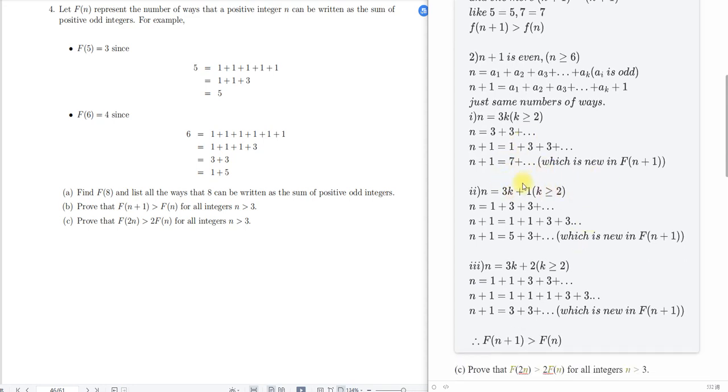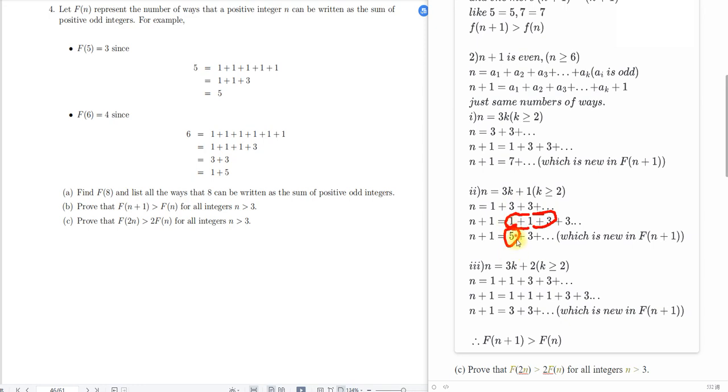Okay, let's discuss n equals 3k plus 1, where k is greater than 2. So n will be like this, 1 plus 3 plus 3 plus 3, all the way 3s. n plus 1 will be 1 plus 1 plus 3 plus 3, all the 3s. So in n plus 1, these 3 things, 1, 1, 3, we can add them up as a 5.